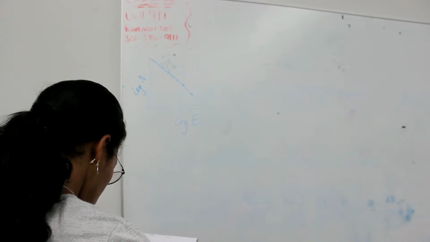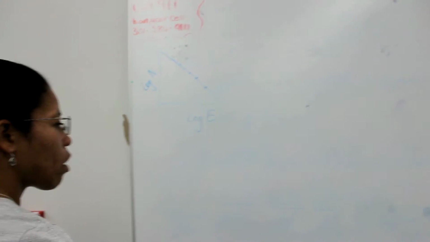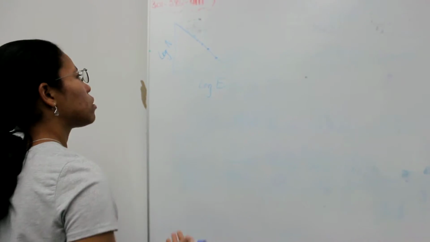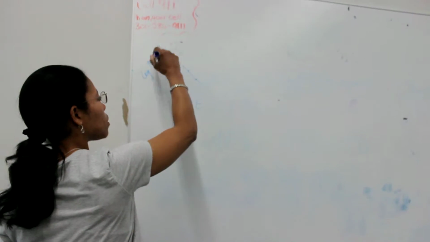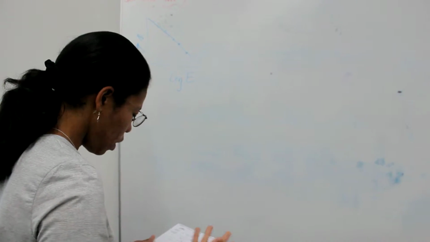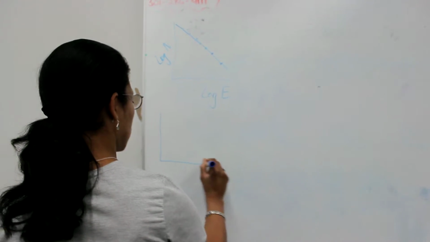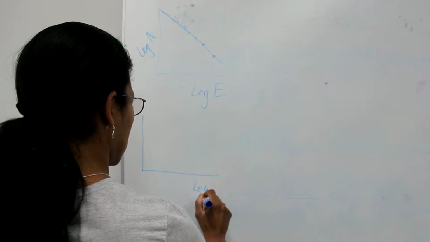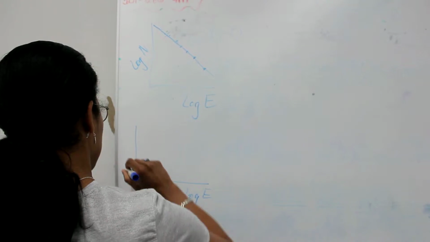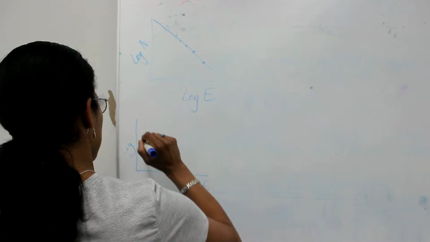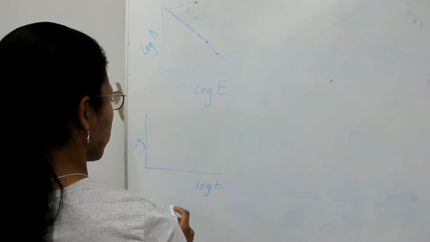But like I said, none of these have error bars. So least squares basically treats each and every one of these pretty much equally. Now, when you have real data with real error bars, so let me draw a picture like that. Log energy, and this is log of something else.